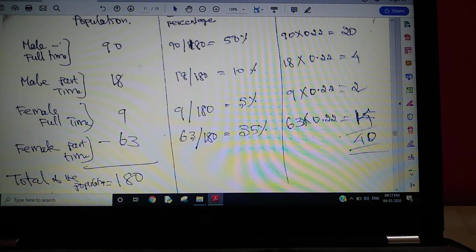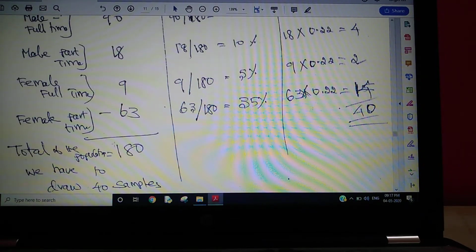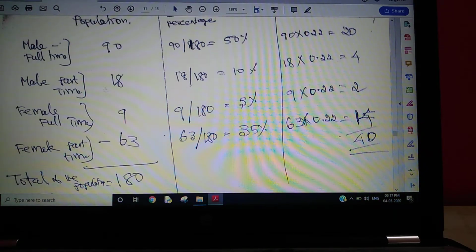Earlier we said N1, N2, N3, N4. All put together is 180. It should come to the total. Out of 180, the male full-time is 90, so 50% of the population is male full time. And out of 180, 18 employees are male part time, which means 10% of the population.